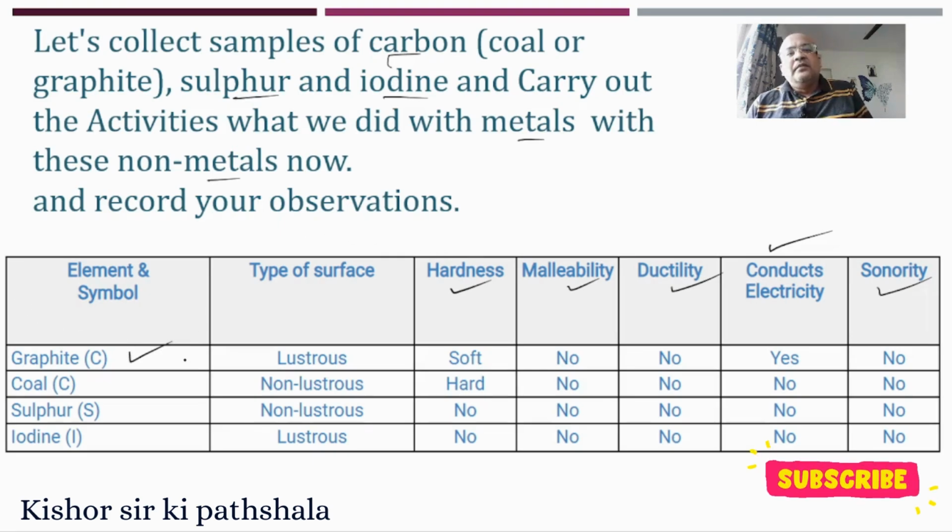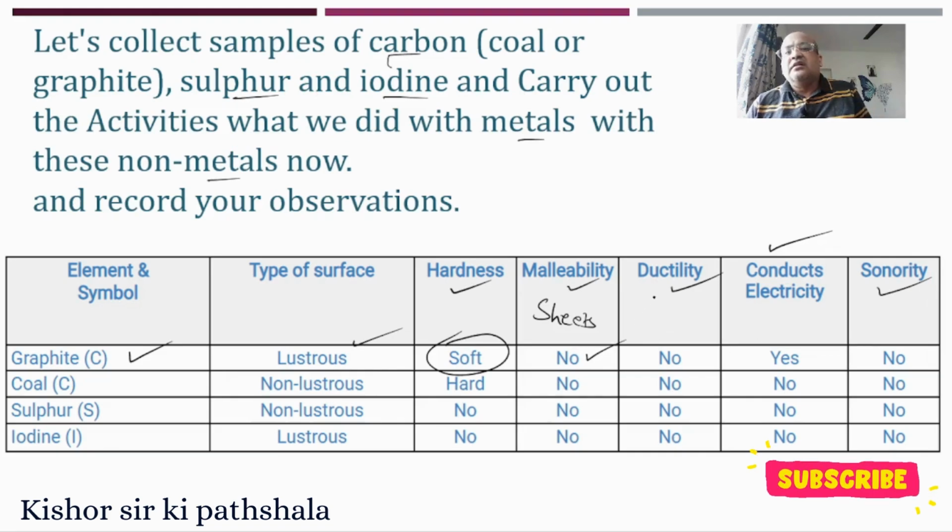Graphite is a form of carbon, right? If you see graphite, the surface is lustrous. The hardness is soft, and it is not malleable. Malleable means we can make sheets, as I taught you last time. Can graphite be converted into sheets?